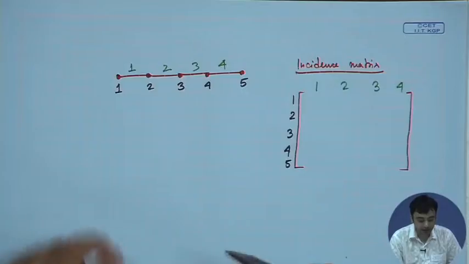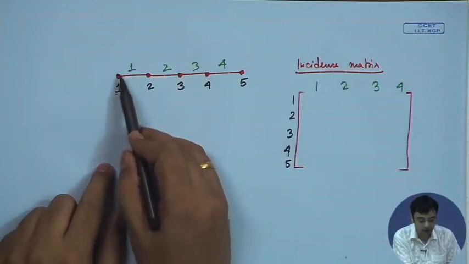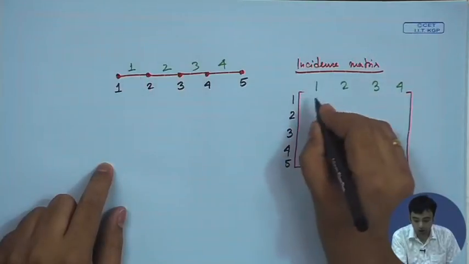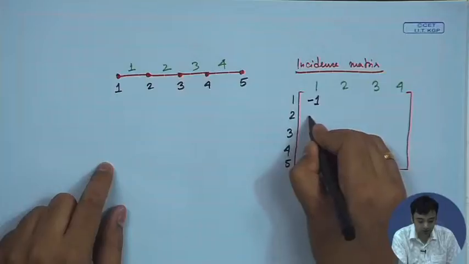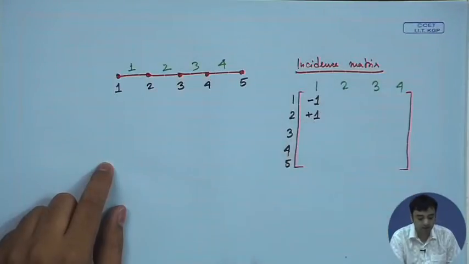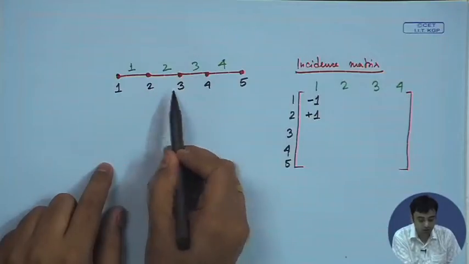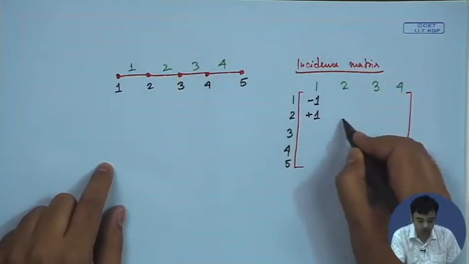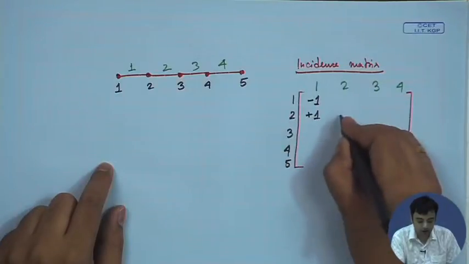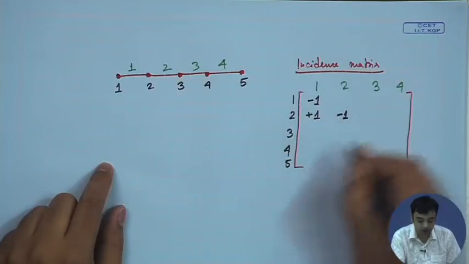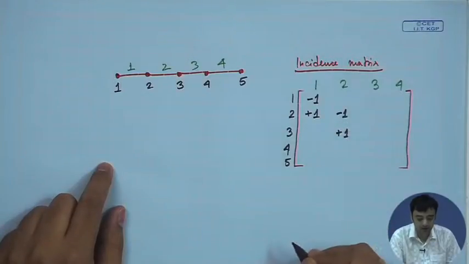Now, we see that between node 1 and 2 we have an edge. So, one entry becomes -1, while the other entry becomes +1. Similarly, we have an edge between 2 and 3. So, in the column of edge 2, we have one entry as -1 at 2 and the other entry as +1 at 3.